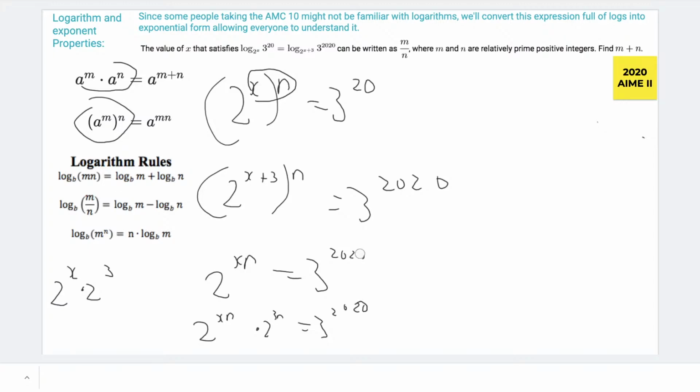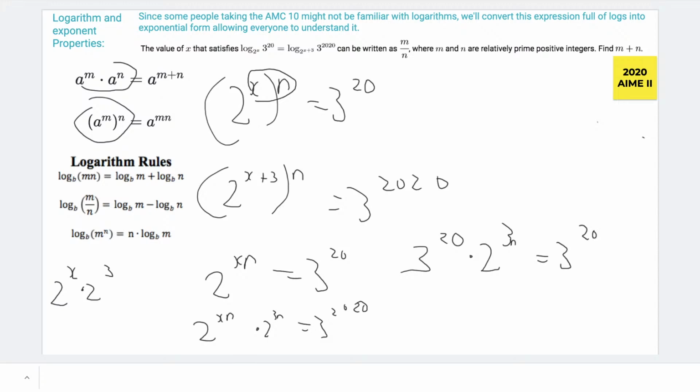Now for the problem, if you substitute 3 to the power of 20 for 2 to the power of xn into the second equation, you get 3 to the power of 20 times 2 to the power of 3n equals 3 to the power of 2020.